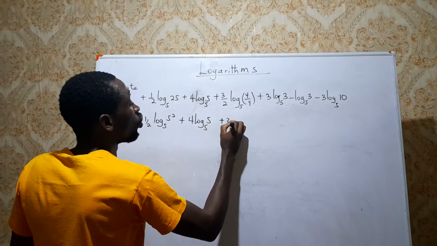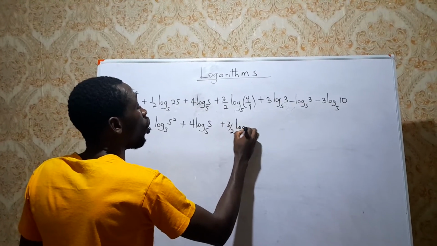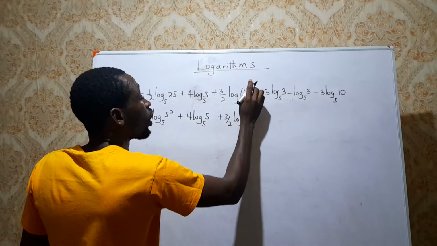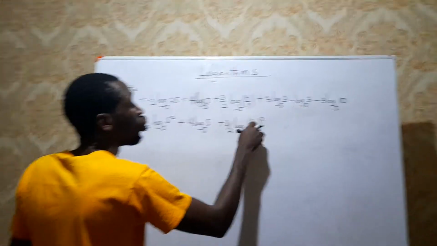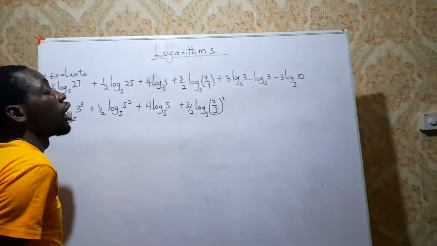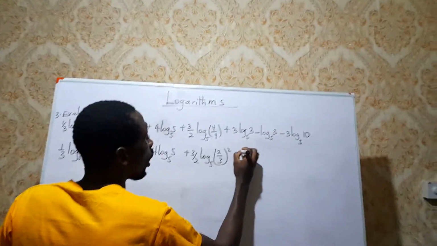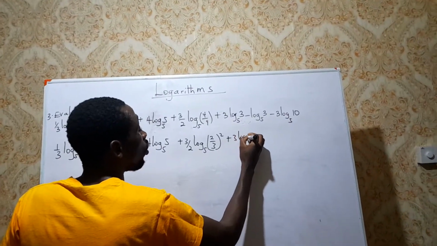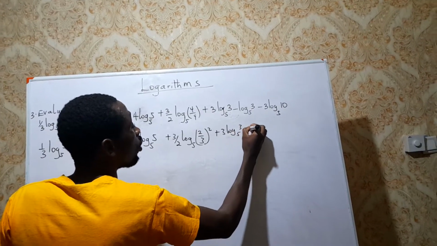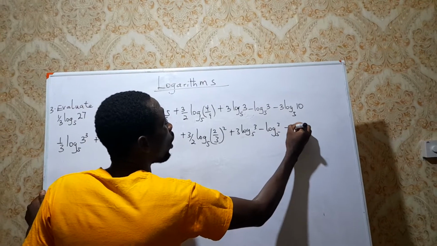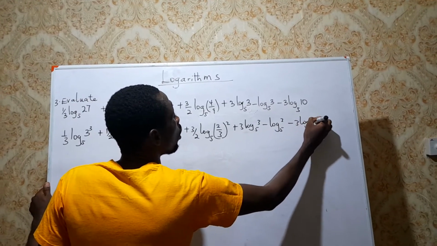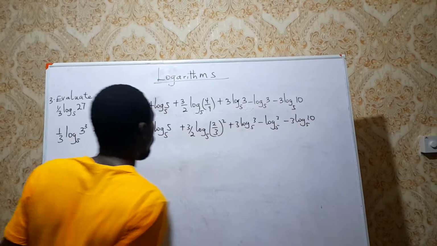Plus 3 over 2 log base 5. We can change this to 2 over 3 all square. See, 2 square is 4 and 3 square is 9. Then plus 3 log 3 base 5 minus log 3 base 5 minus 3 log 10 base 5.